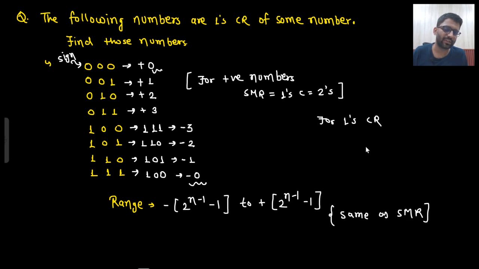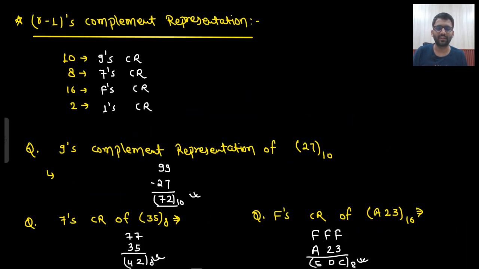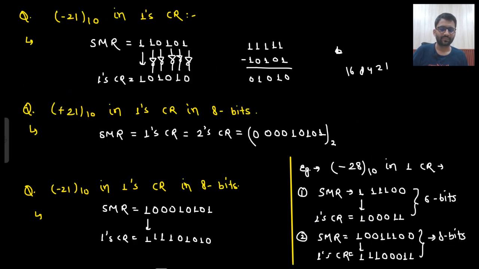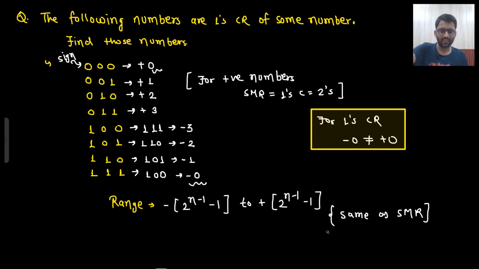For 1's complement representation as well, minus 0 is not equal to plus 0. The same was there in sign magnitude representation as well. If we remember, this was the case: minus (2 to the power n minus 1 minus 1) to plus (2 to the power n minus 1 minus 1). So the same thing is happening here. So these ranges are important. It can be asked.